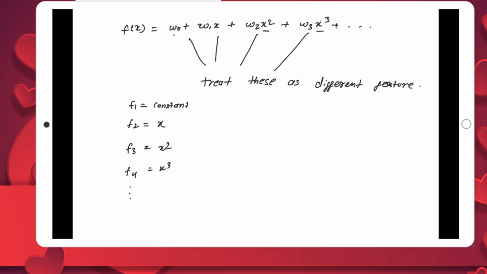And what are the parameters for these? For feature 1 the parameter is W0, and then we have W1, W2, W3 and so on. All right, so this is how we can work with polynomial regression.